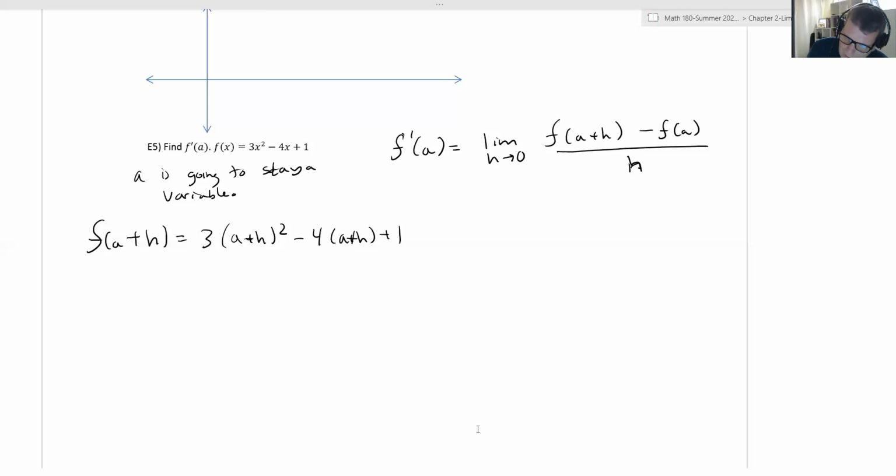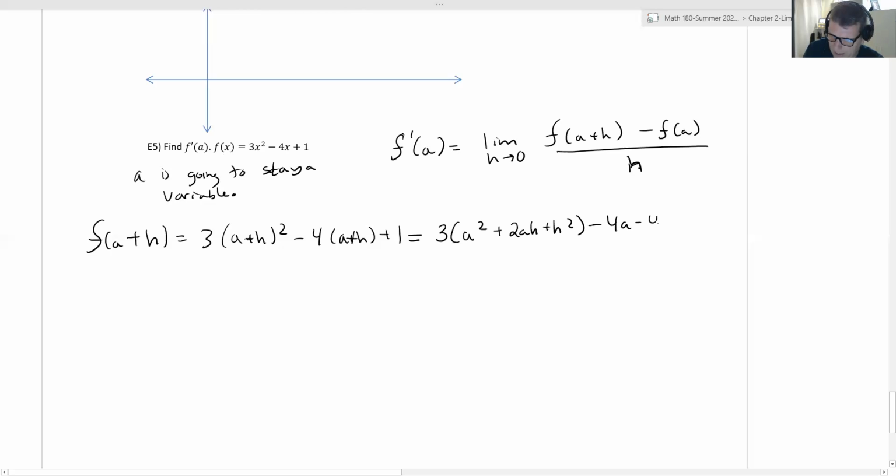So this thing here is going to end up being 3 times a squared plus 2ah plus h squared minus 4a minus 4h plus 1.